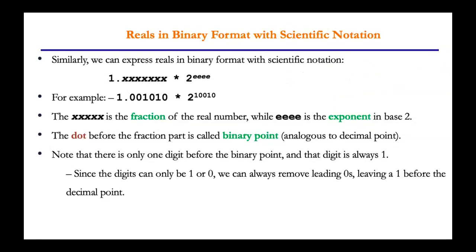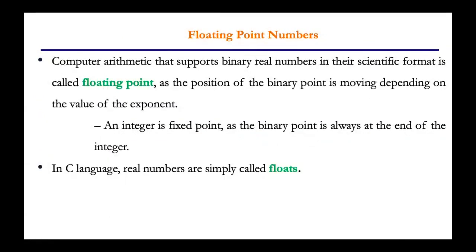Okay, so since the digits can only be 1 or 0 in binary, we can always remove leading zeros, leaving a 1 before the binary point. So in computer arithmetic, the binary real numbers in their scientific format are what we call floating point.